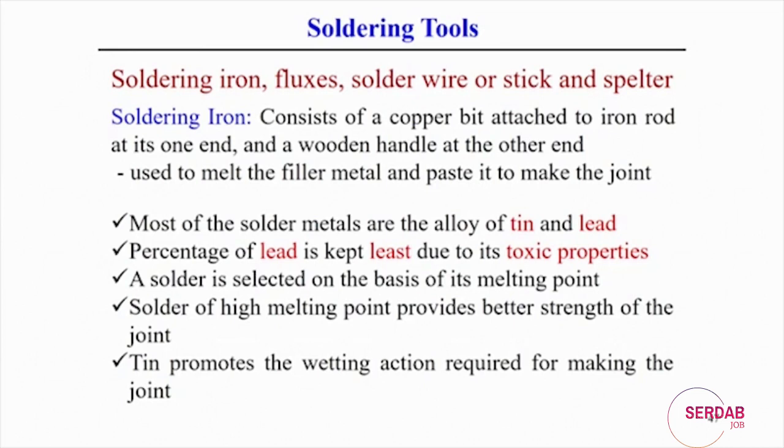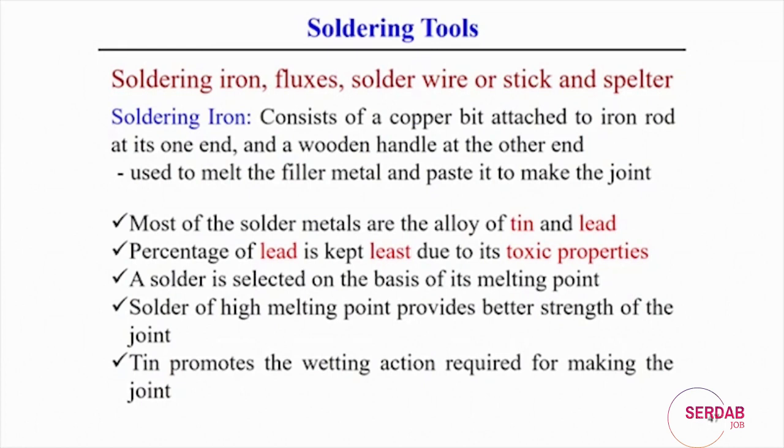A soldering iron consists of a copper bit attached to an iron rod at one end, and at the other end it is attached to a wooden handle so that it can be held. It can be used to melt the filler material and, at the same time, to paste that filler material to make the joint. That is the basic principle.